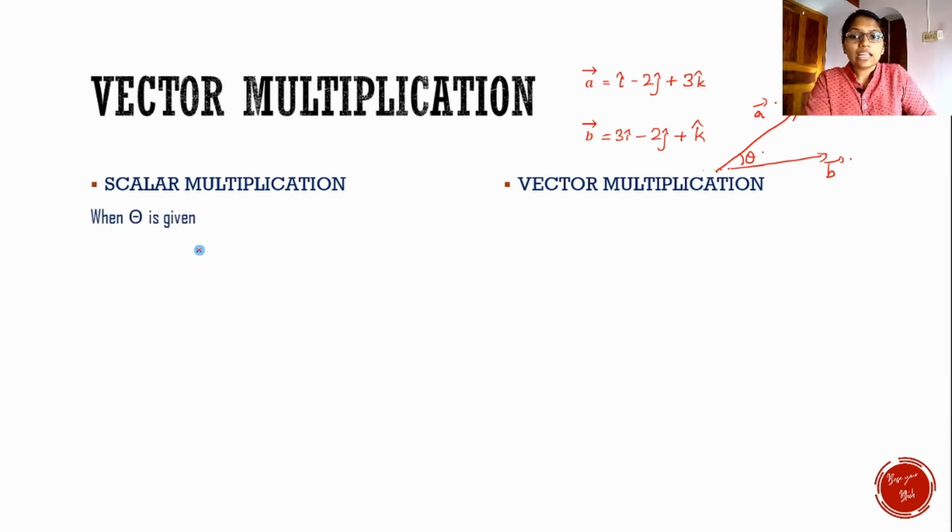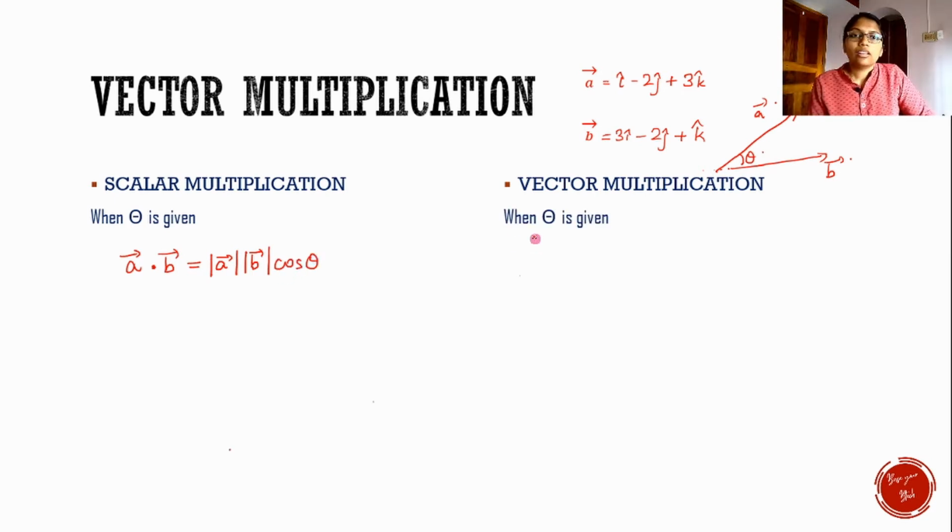When theta, the angular separation, is given, scalar multiplication can be done, and we represent it as A dot B. A dot B is equal to magnitude of A into magnitude of B into cosine theta. And for vector multiplication, vector A cross vector B is equal to magnitude of A into magnitude of B into sine theta.